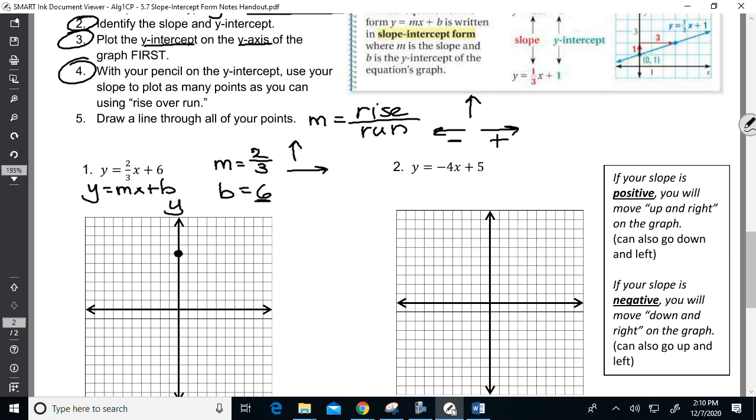So go back to the point that you just put. Go up 2, go to the right 3, put another point. Go up 2, go to the right 3, put another point. Now, you don't have to draw it as stairs the way I did it.